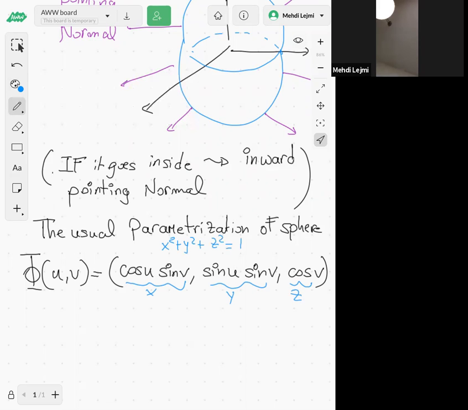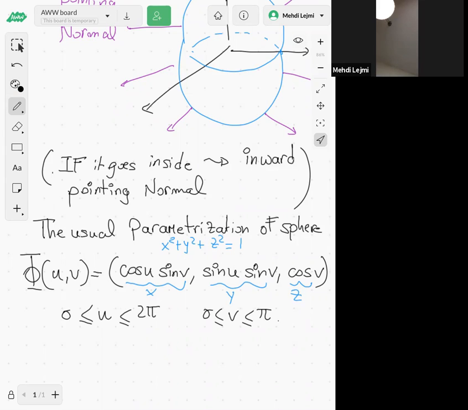The u is between 0 and 2 pi, and v must be between 0 and pi. So this is the standard parameterization of the sphere, right?